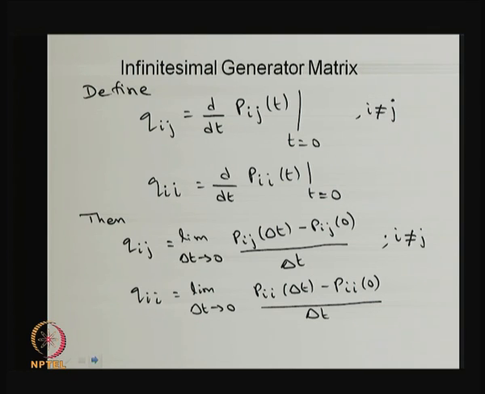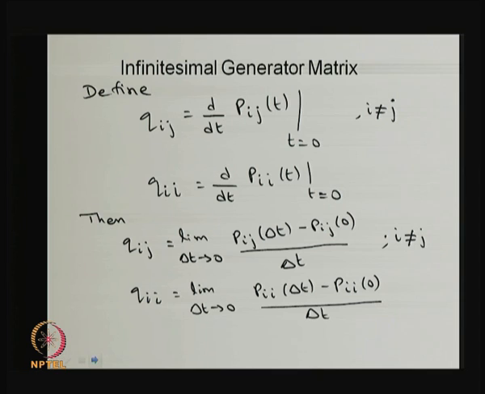It is a differentiable function, so you take the derivative, then substitute t equal to 0, for all I not equal to j. Then you define q I in the same way separately, because the q I, the diagonal element, is going to be different from all the other elements, therefore I am defining it separately.